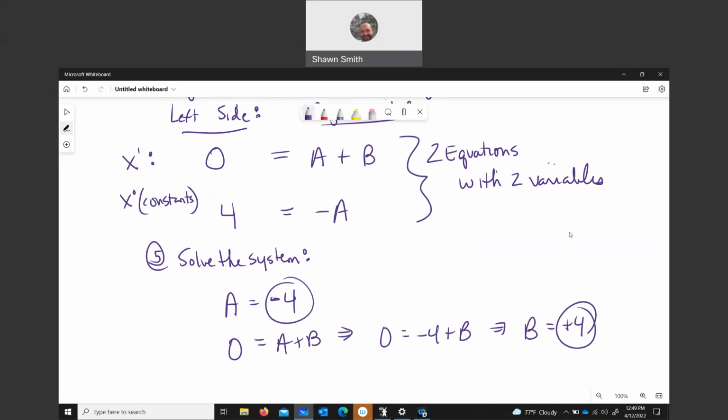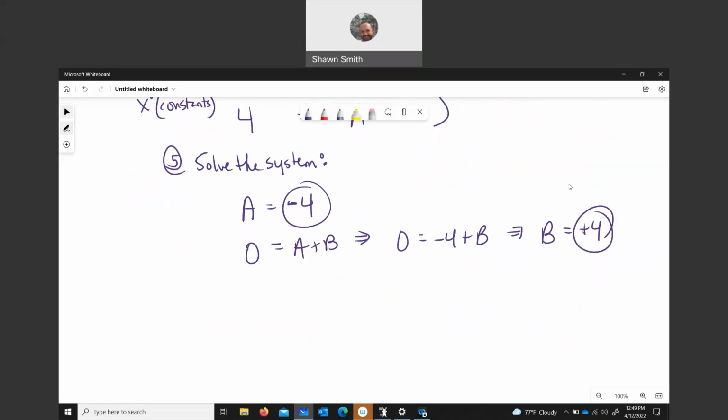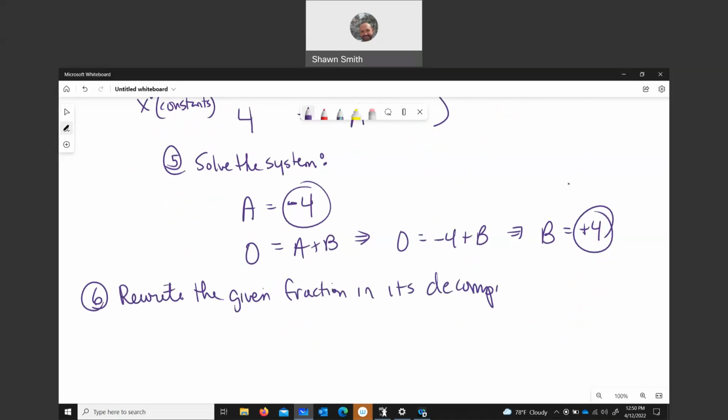So step 6, there's only 6 steps. That was the last step. Rewrite the given fraction in its decomposed form. So we started off with, I have to go back and look and see what it was.